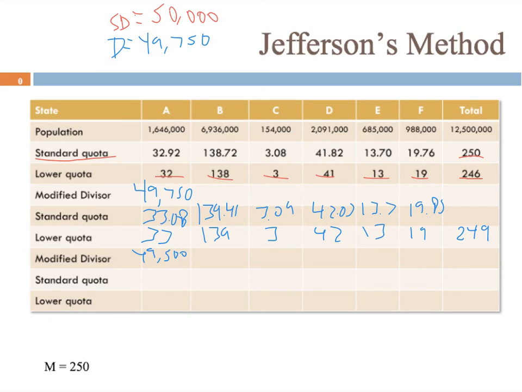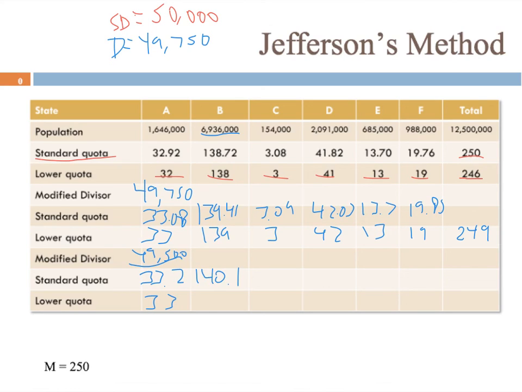All right, just to show the calculations again. I think I've already got those answers, so this one shouldn't take as long. If we get the quota from this modified divisor, the new number is going to be 33.2 after I do the division, so lower quota of 33. The next one, if we do the population divided by 49,500, we're going to get 140.1.